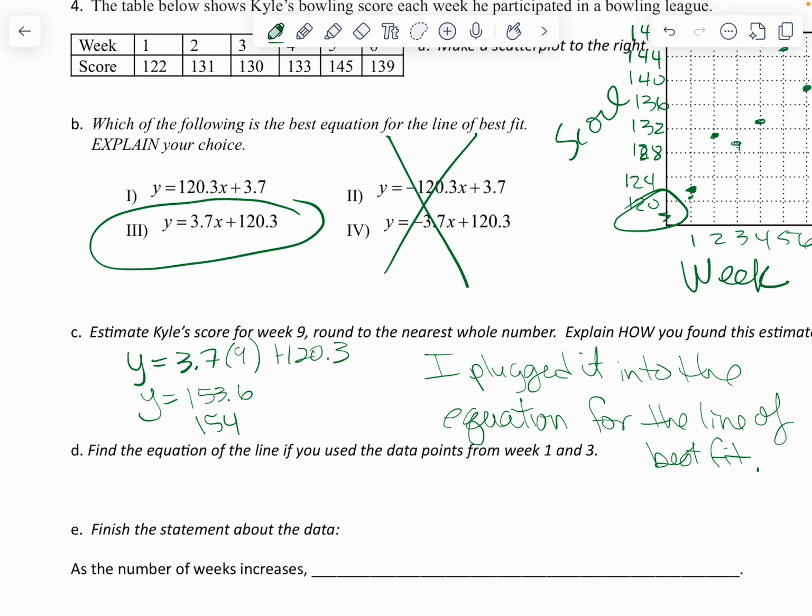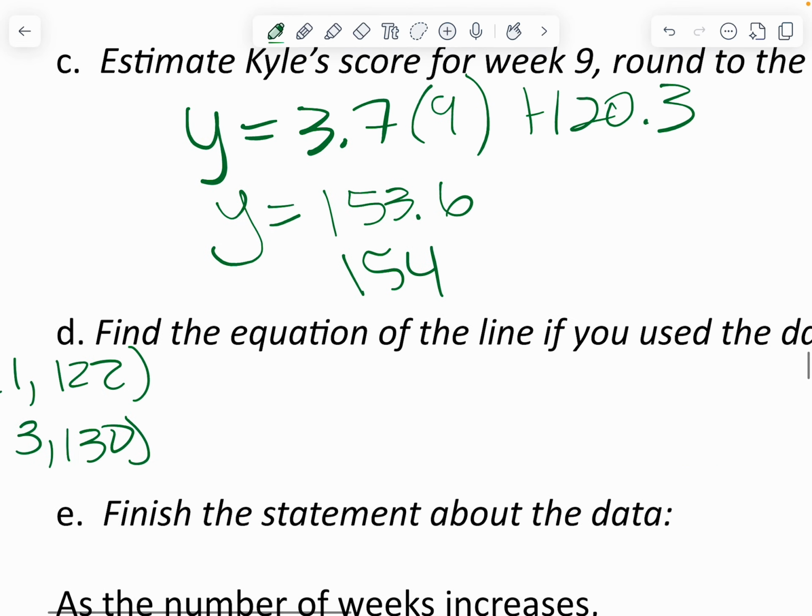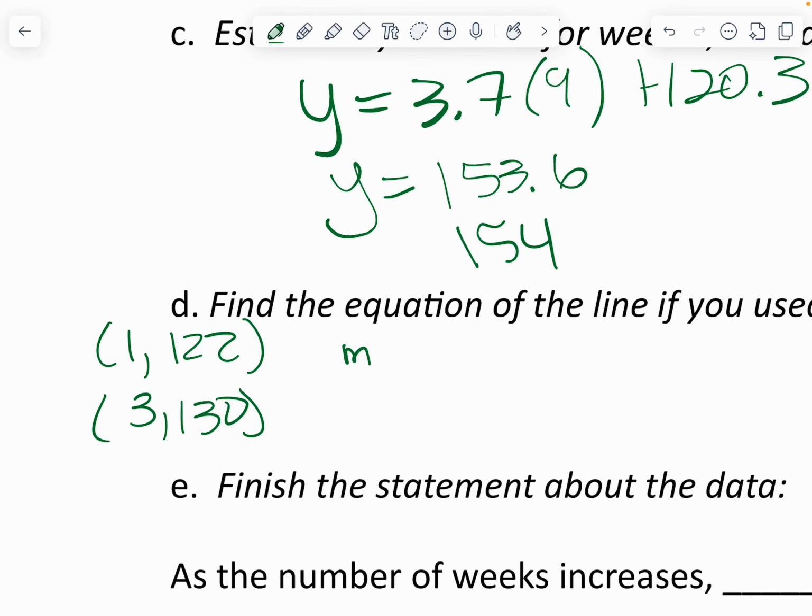Okay, so the next one says find the equation of the line if you use data points from week 1 and week 3. So week 1 is 122, and week 3 is 130. So my slope is 130 minus 122 over 3 minus 1.